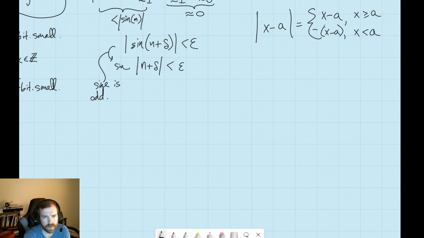So here we know that the sine function of n plus delta minus 0 exists when... it's gonna be ugly... greater than or equal to 0.